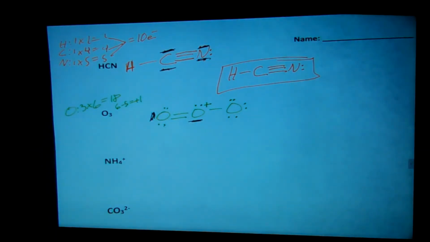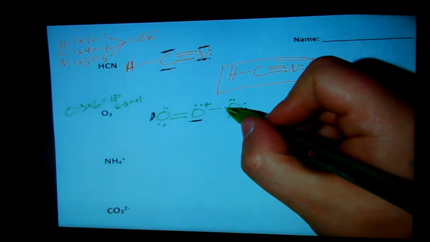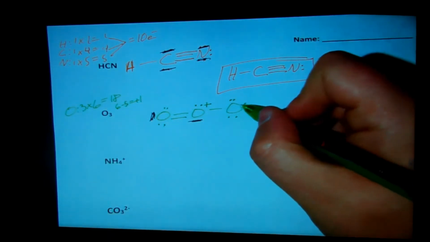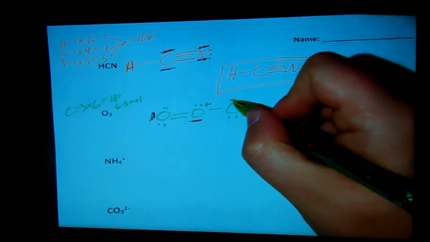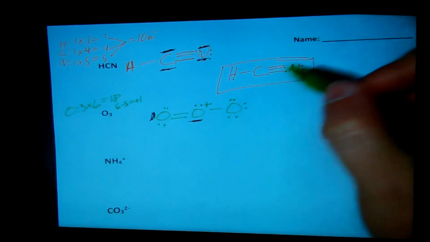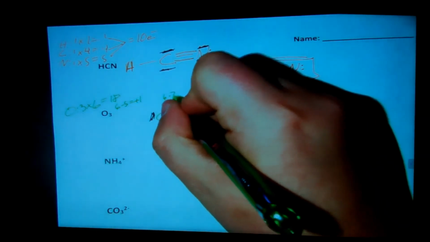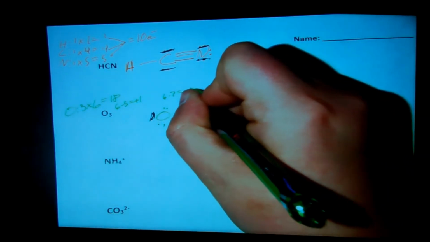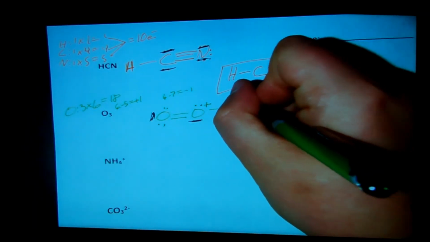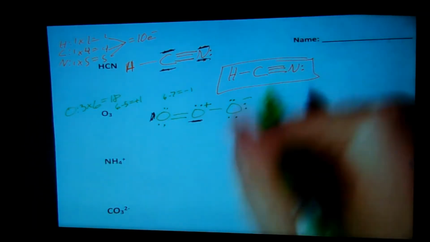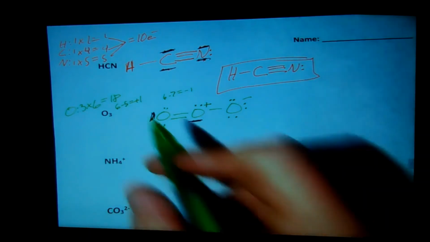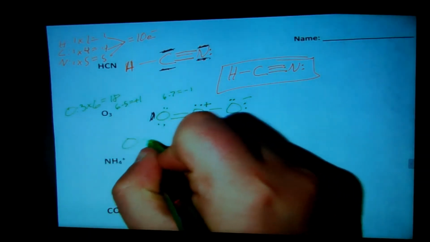Now look over here at this one. This oxygen over here should have 6, but it has 1, 2, 3, 4, 5, 6, 7. 6 minus 7 is negative 1. This has a negative charge. You have to represent these charges as well. So let's redraw this out.